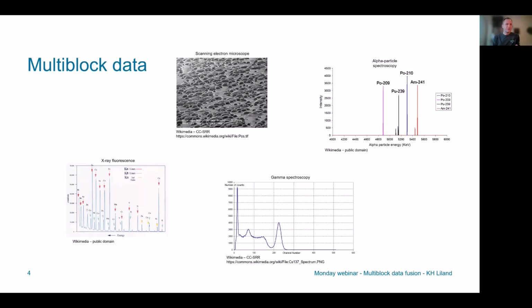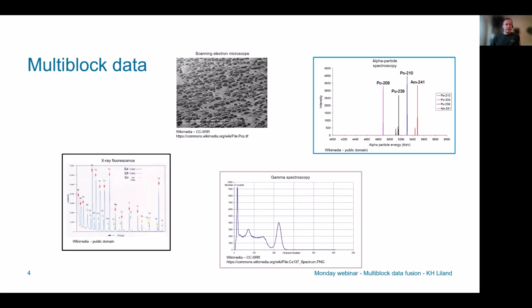And my main approach here will be looking at things that have the same samples measured with different techniques. I'll come back to a little bit more about different ways of connecting data later on. Okay, so in this case, we have 3 of these that are matrices of data.